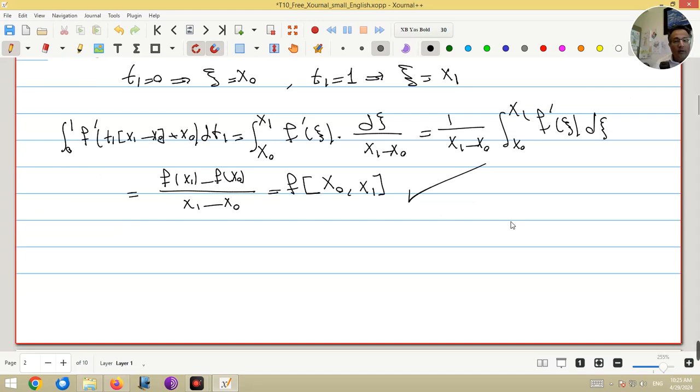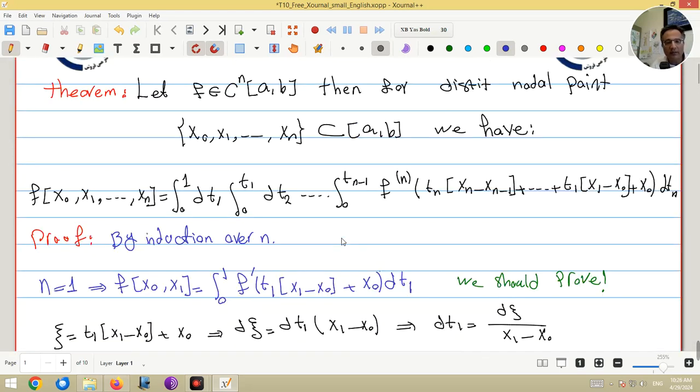Now, let the equality hold for n. Let me mark it as star.